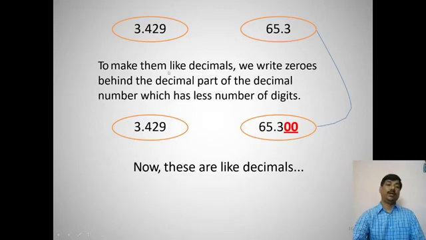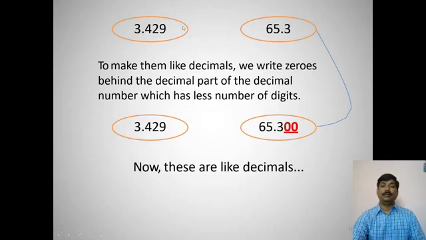To make them like decimals, we write zeros behind the decimal part of the decimal number which has fewer digits. If this number has fewer digits in the decimal part, we add zeros to that number.